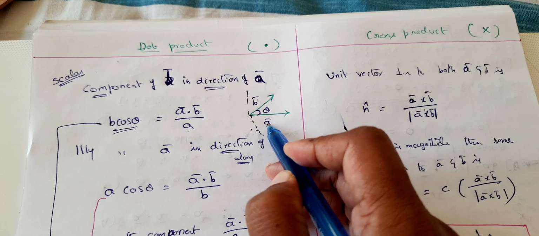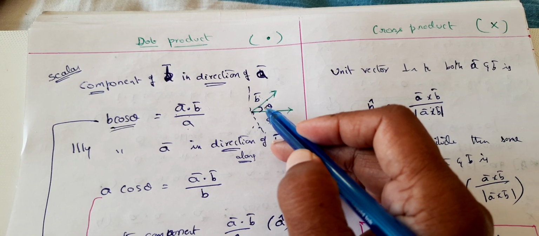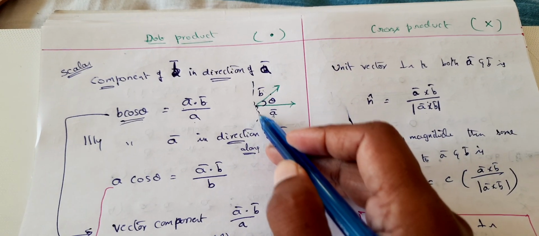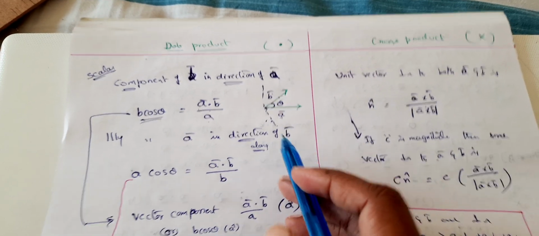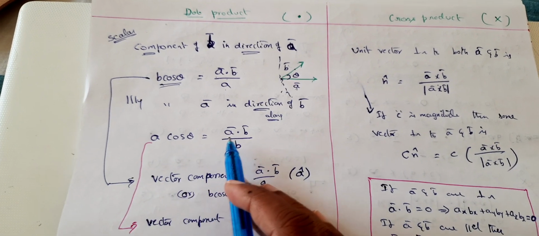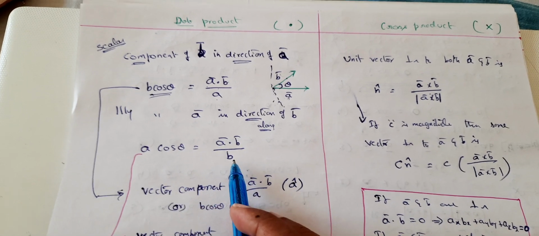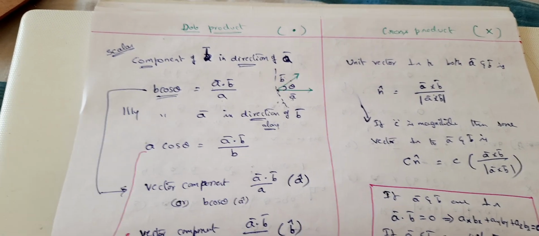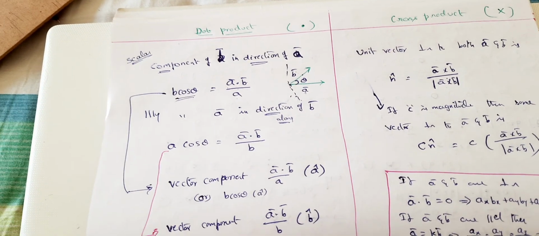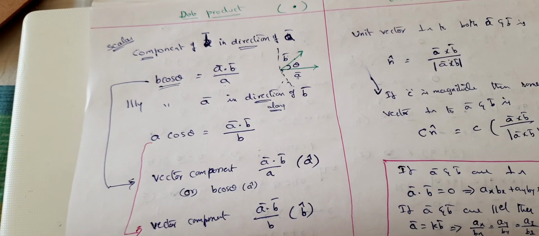The component of a bar along b bar, see, because this is the adjacent side, theta is here, hence it will be a cos theta here, a sin theta here, is it not? So now the component of a bar along b is a cos theta, which is of course a bar dot b bar by b, because a bar dot b bar is ab cos theta. Fine? Beautiful. In this manner, we can easily determine the components using dot product.